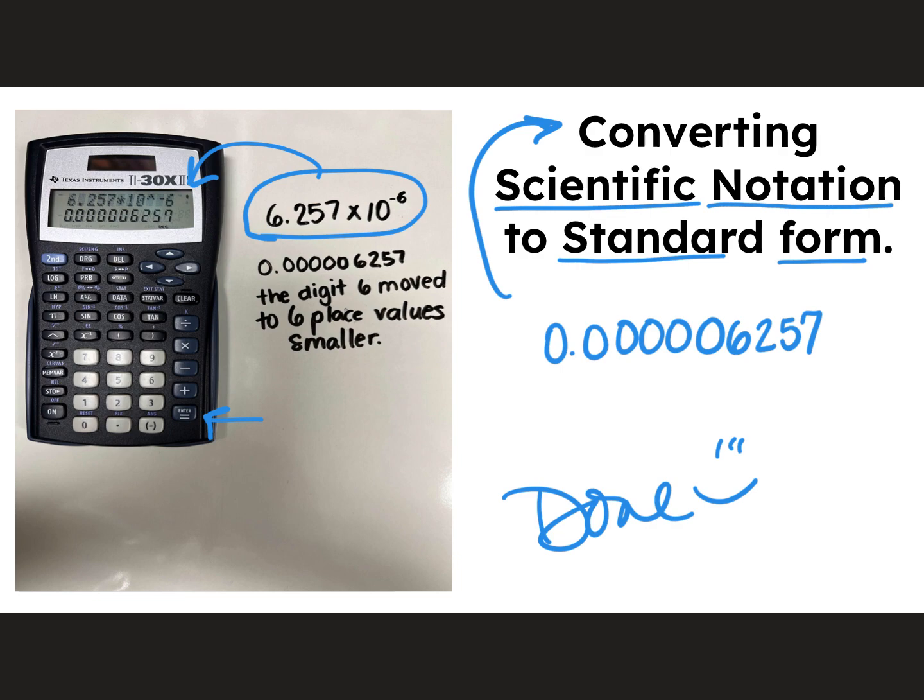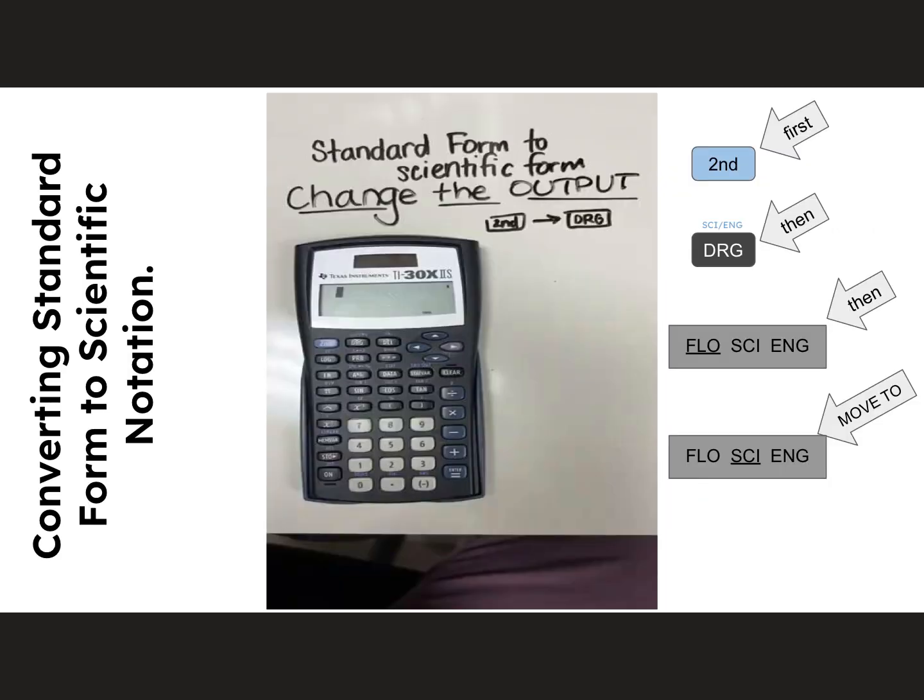So what will we do though if it's in standard form? If it's in standard form, we have to do a little bit extra work. We have to actually change the output on our calculator. We do that by hitting first the second button right here, that little tiny blue one. Then we hit this one next.